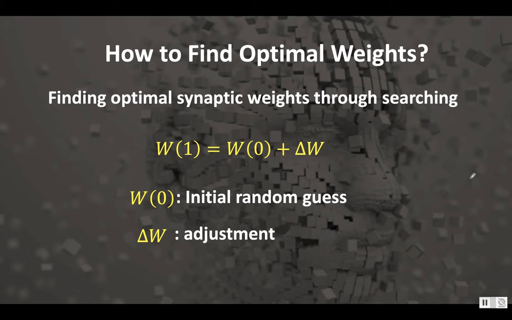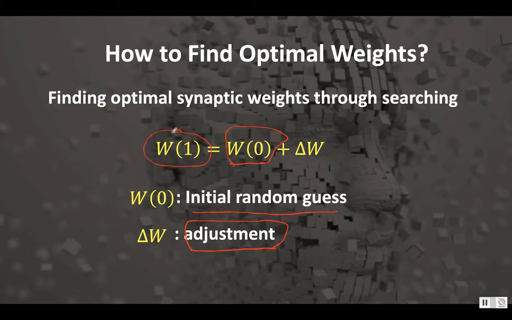This means we can give the weight an initial random guess, that is W0. We can start from any random initial guess, and then we update the weight by adding an adjustment, the delta W. This one is the initial guess, which could be any random value, and this one is the updated weight.